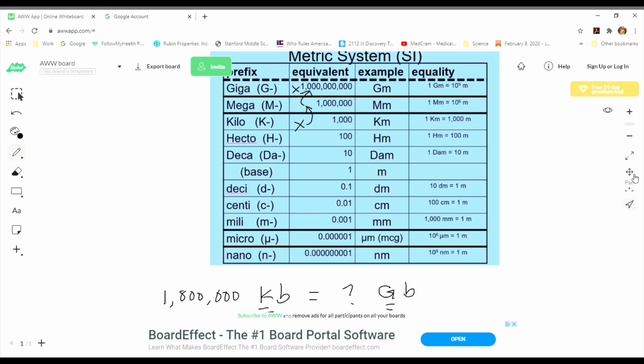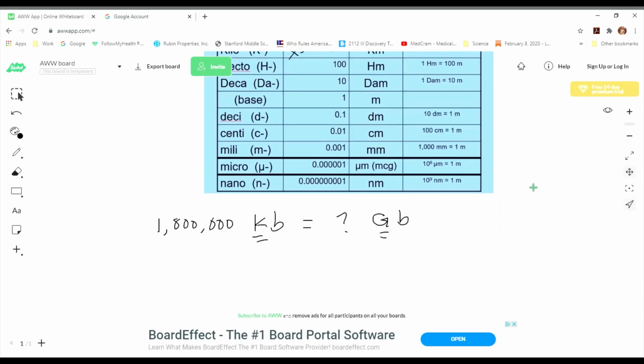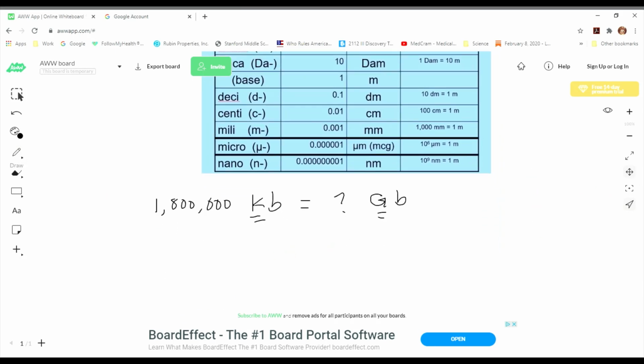And so let's go ahead and do that. We've got 1,800,000 kilobytes. The decimal isn't put in there, so it means it's all the way at the end. Then we need to move the decimal 6 times to the left. 1, 2, 3, 4, 5, 6.